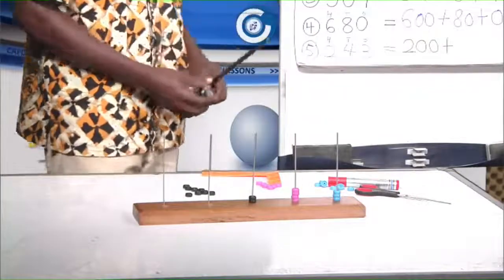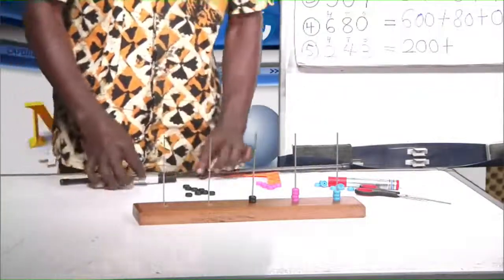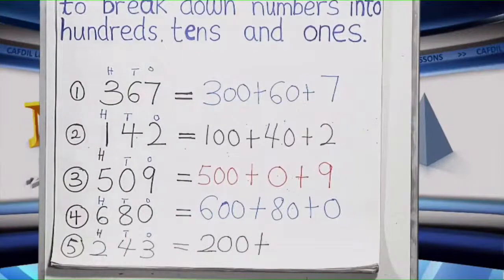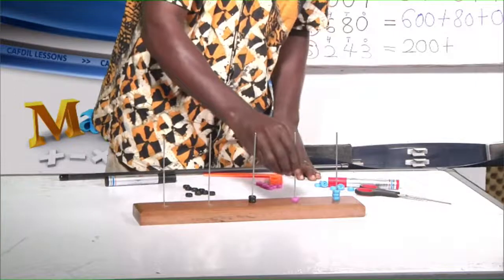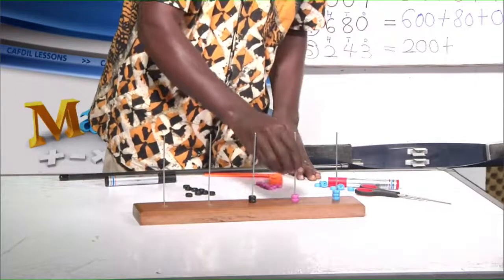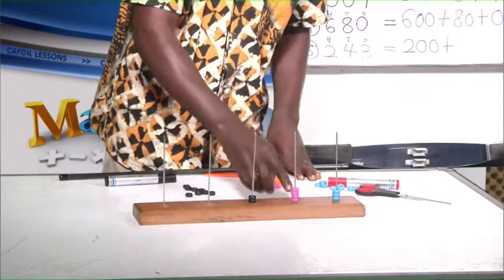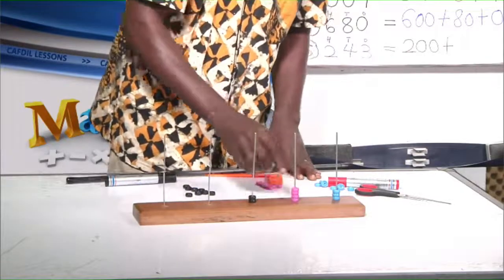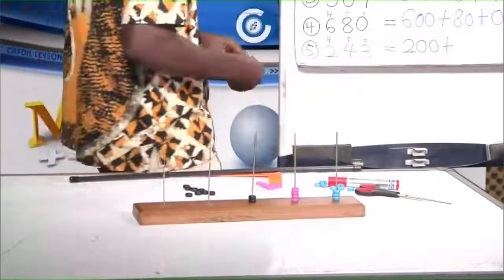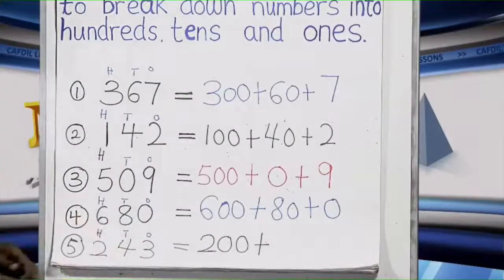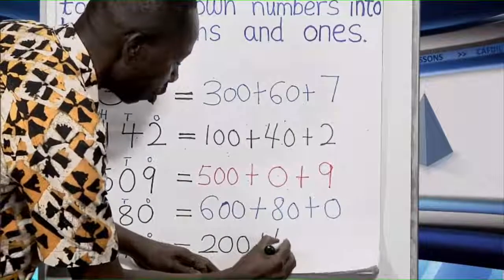Let's come to the tens column. And each bead under the tens column shows 10, or just 1 ten. So we have 10, 20, 30, 40. So we have 40 under the tens column. 4 tens shows 40.